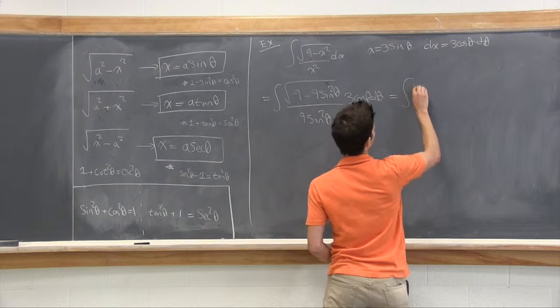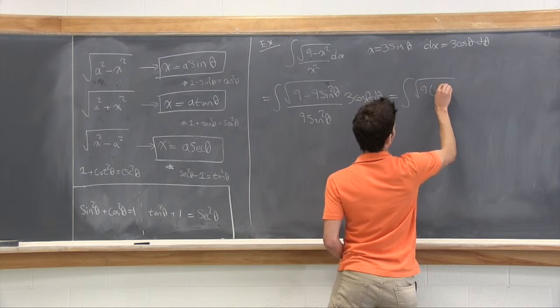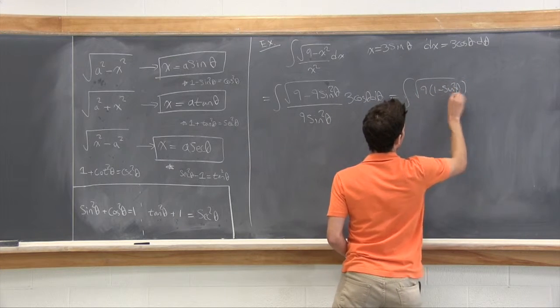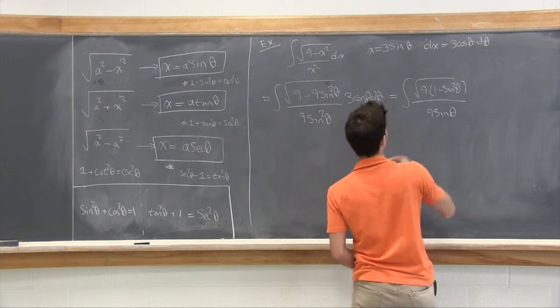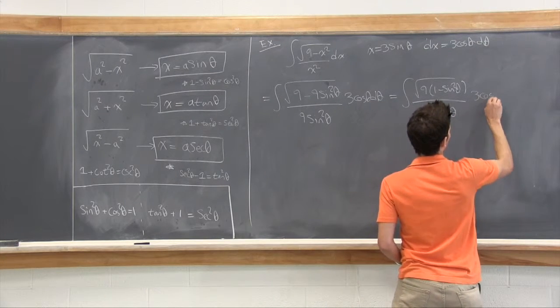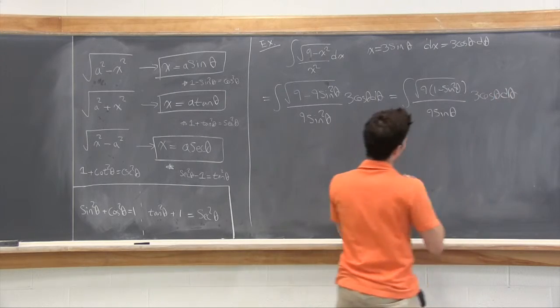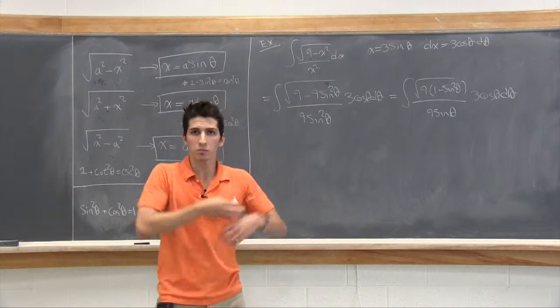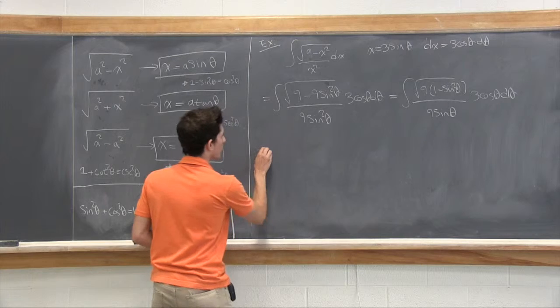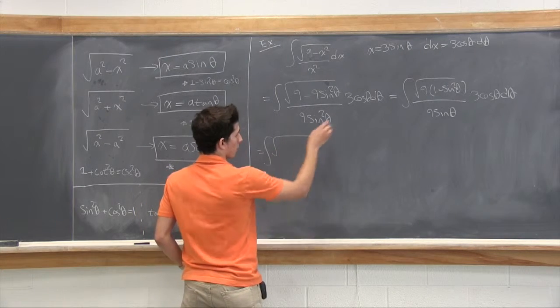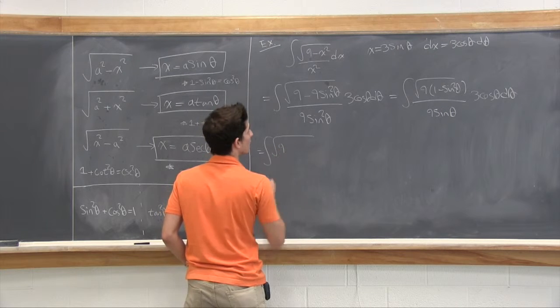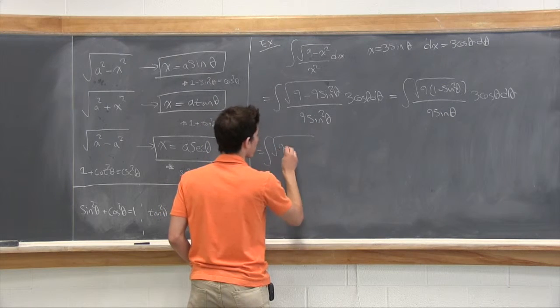Now I can factor out a 9. 1 minus sine squared theta over 9 sine squared theta, and I still have my 3 cosine theta d theta. And as you can see, the 1 minus sine squared theta pops right out. And we can say, okay, well, it's going to be 9 times cosine squared theta.